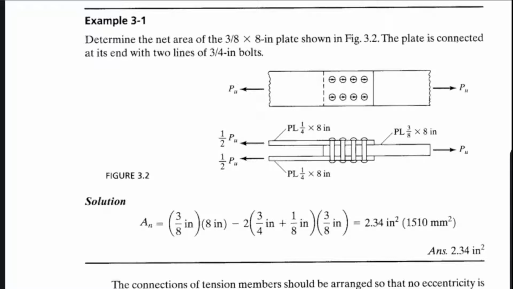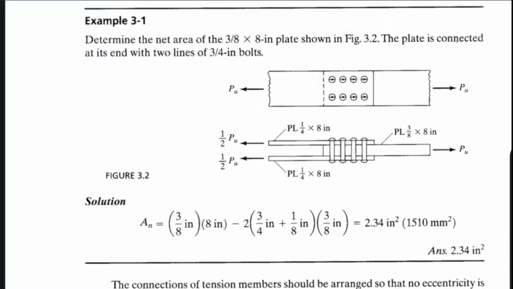For tension members, determine the net area of the 3/8 inch by 8-inch plate shown in figure 3.2. The size of the plate is given. 3/8 inch is the thickness of the plate, and 8 inch is the width of the plate.